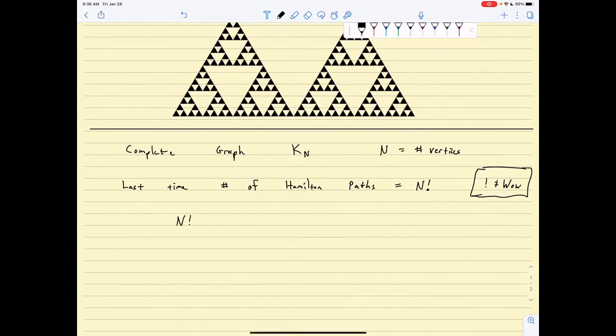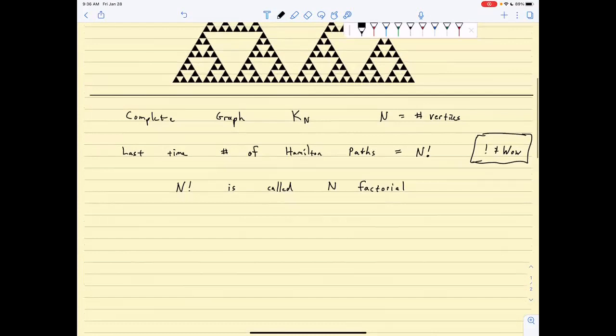And this reads n factorial. It may look surprising, but it's a very simple thing. What it means: n should be a whole number, a natural number, something greater than or equal to 0, so 0, 1, 2, and so on, a counting number.